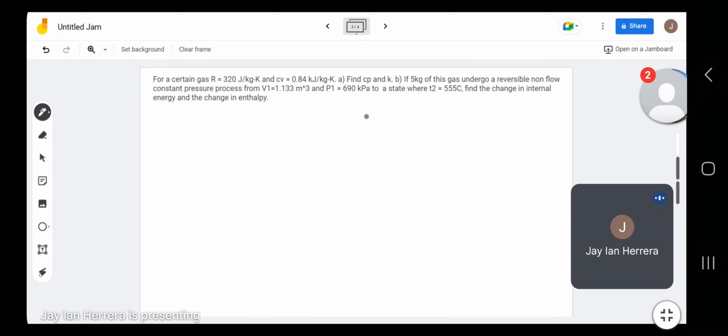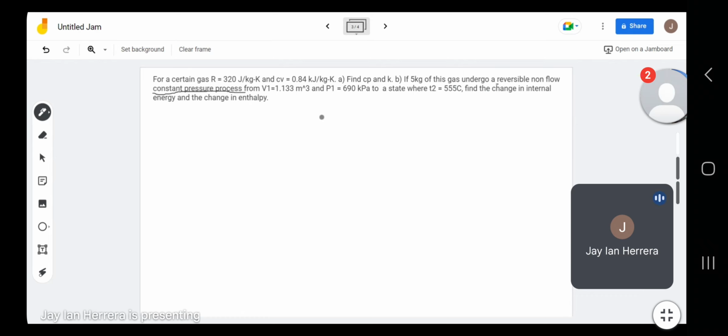SI tayo ngayon, not English. And Cv is equivalent to 0.84 kilojoule per kilogram Kelvin. So for letter A, we are required to find Cp and k.